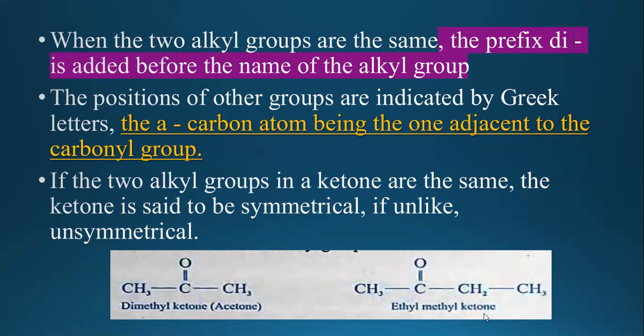And in this compound, there are two different ends, the methyl as well as the ethyl. It means on the left and right side, this compound has one methyl end and the other end has an ethyl end.